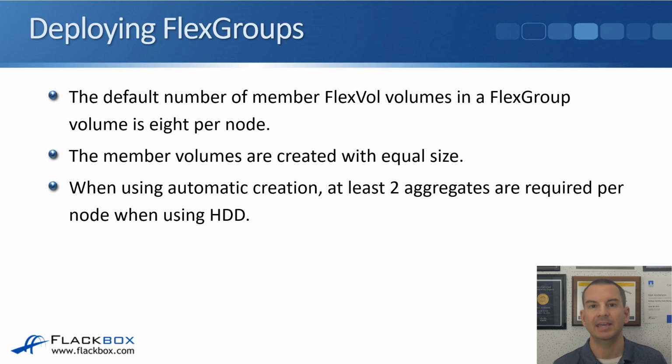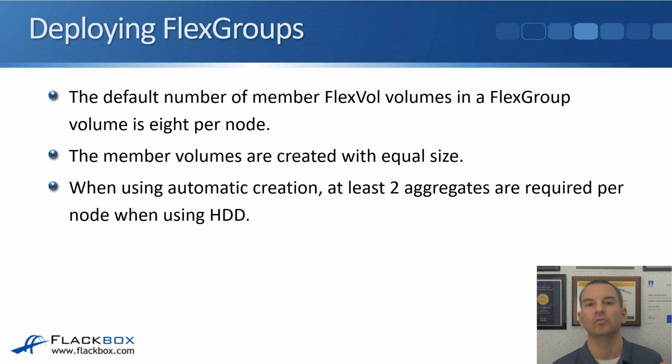We still have 8 per node. We've got 4 nodes now, which have got 8 each. So that is going to be 4 times 8 is going to be 32 rather than 16 member volumes. So we've got 32 member volumes. The size of the FlexGroup was 160 terabytes. So now each volume is going to be 5 terabytes.